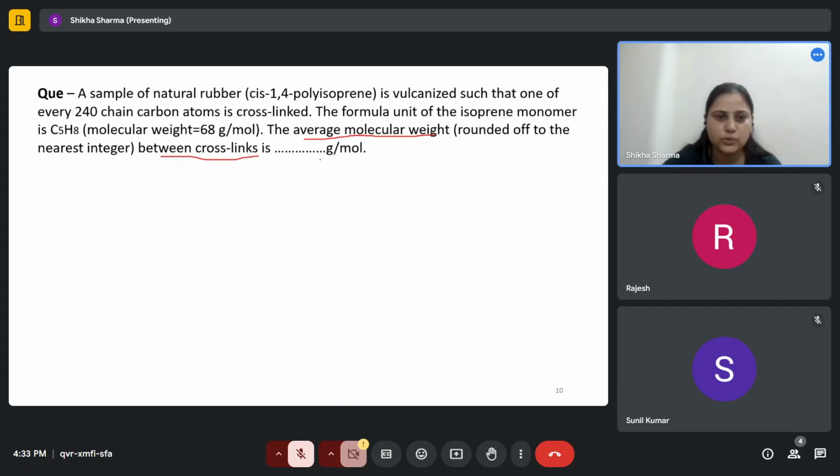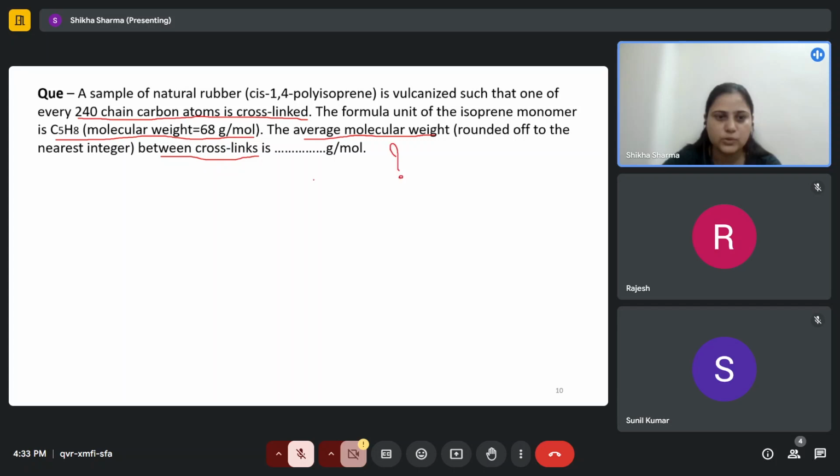So we have a sample of natural rubber that is vulcanized, having sulfur linkages. It also says that every 240th chain carbon atom is cross-linked, and the molecular weight of the monomer, isoprene, is given as 68. It is asking for the average molecular weight between cross-links.